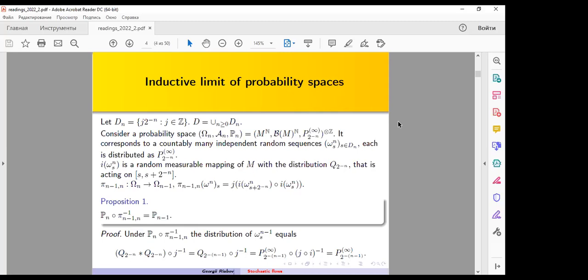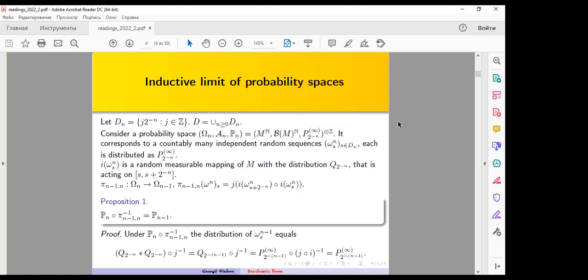It holds that if we substitute a random sequence omega ns into I, we will get a random measurable mapping with the distribution q at 2 to the power minus n, and intuitively it acts from s to s plus 2 to the minus n.